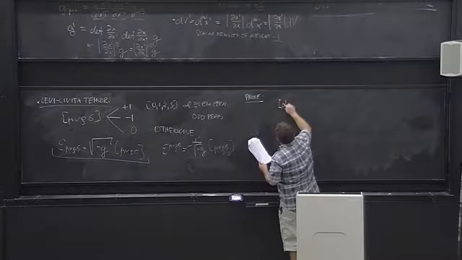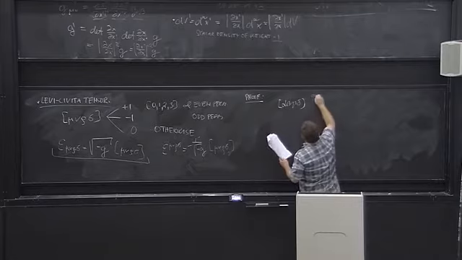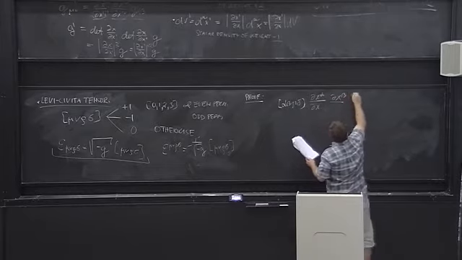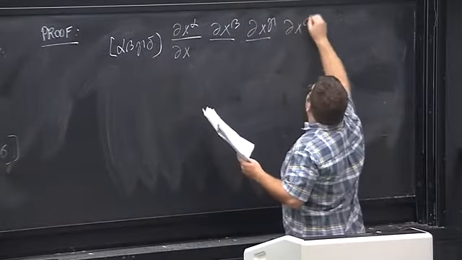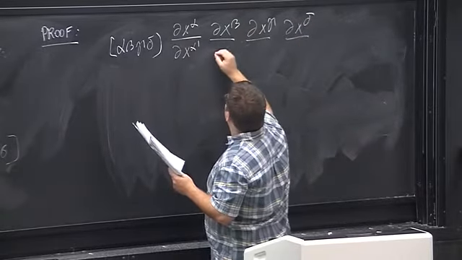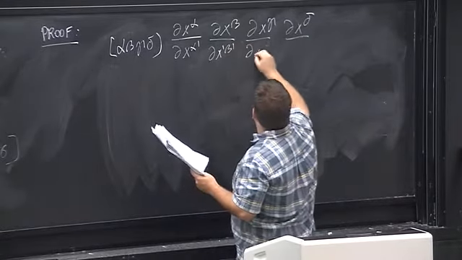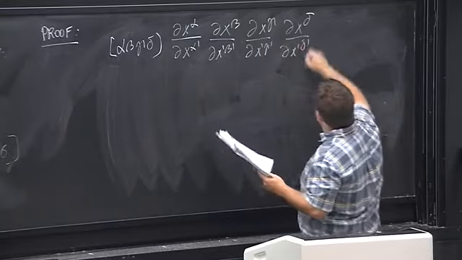So if you have alpha, beta, gamma, delta, that's my object. And if you transform it as a tensor, it will have to transform this way, with dx beta, dx gamma, dx delta, and then I have alpha prime, dx prime beta prime, dx prime gamma prime, dx prime delta prime.